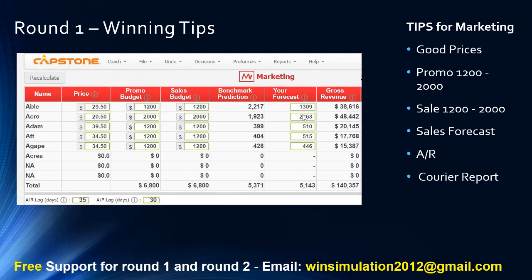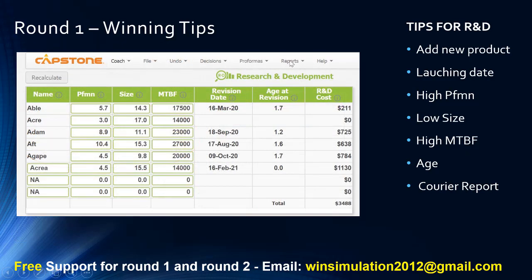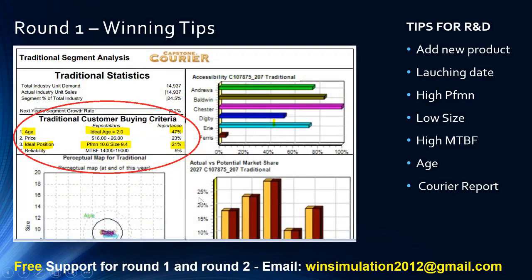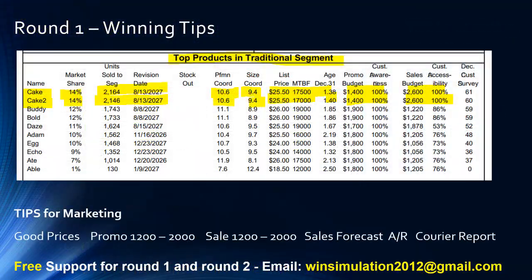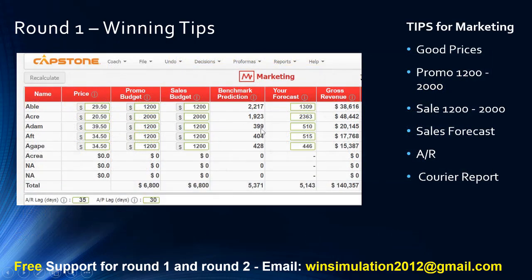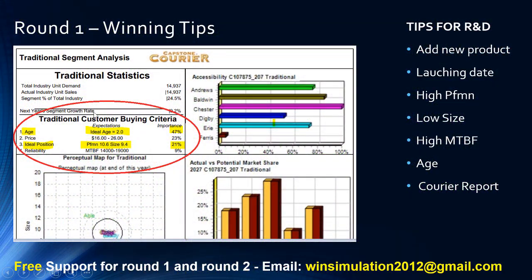We take the career report again. So this again and again, we look at the career report, download from here or click here. We can get the career report. We see the number of units we sold the last round from each segment. And then here, you can see the units we sold from each round, and then we can multiply that by the segment growth rate, which is different for each segment.